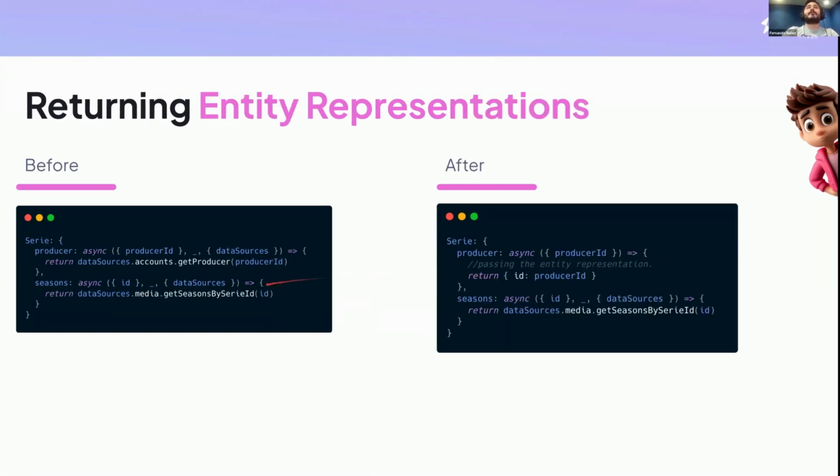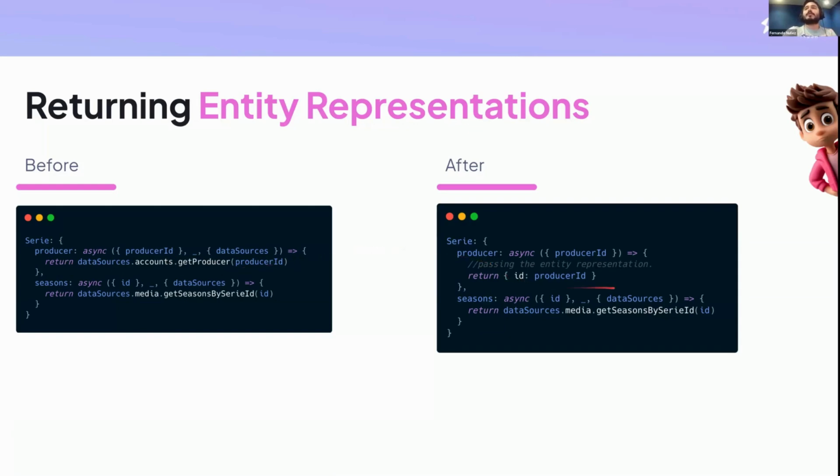And for those fields, for example, the series that have some fields that return a producer type, we used to go check the producers directly in the data sources.